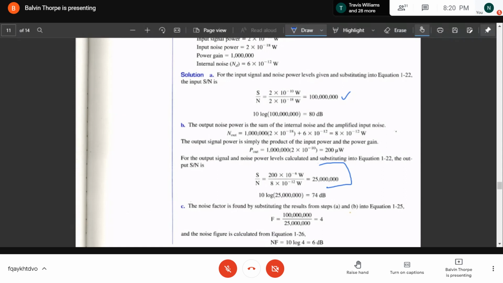As you can see, ladies and gentlemen, there's a drop in this case of 6 dB in the signal to noise power ratio from input to output. And that is all because of the added internal noise.